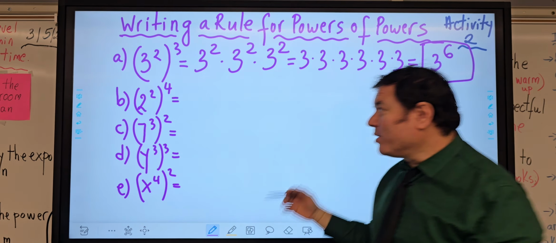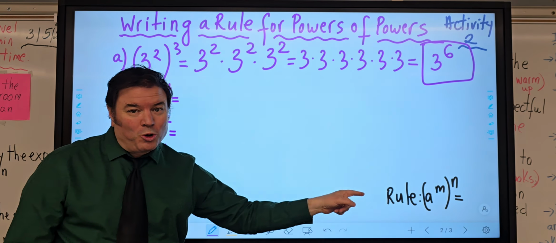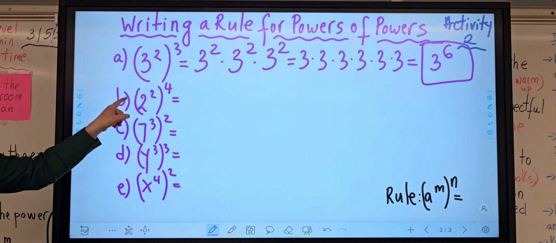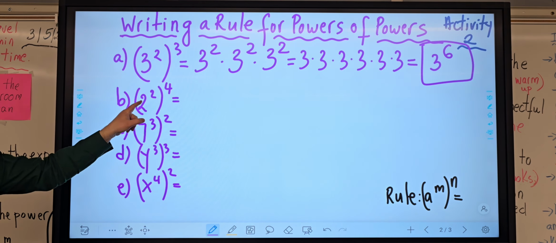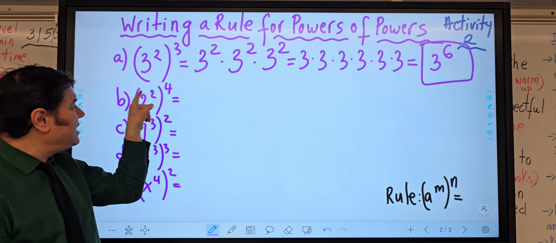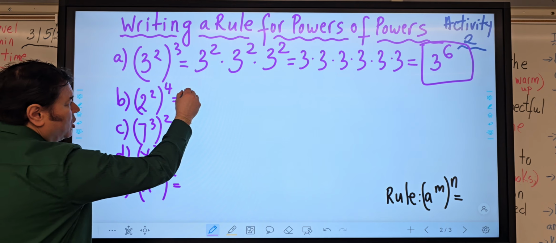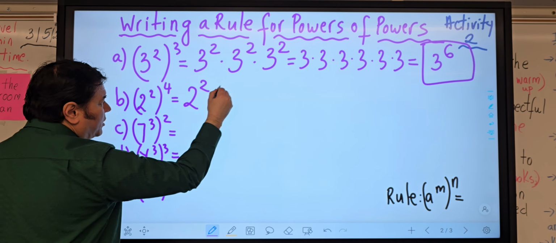Okay? Let's take a look at the second example and then we'll see if we come up with the rule. Second example, we have 2 to the second power all raised to the fourth power. The 4 is telling us that we need to multiply 2 to the second power 4 times.